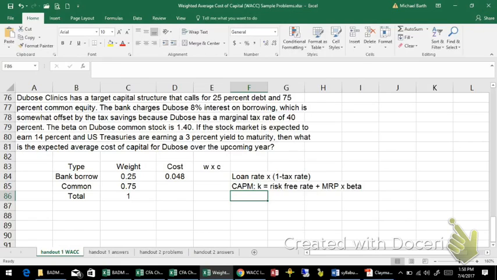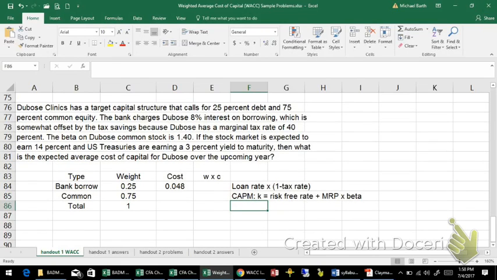Now, to get the market risk premium, the total return in the stock market is made up of two pieces. The risk-free part and the market risk premium. Add those two together and you have the total return.